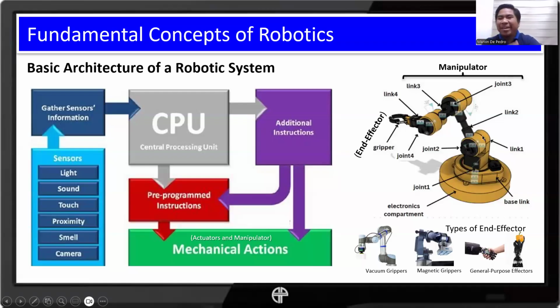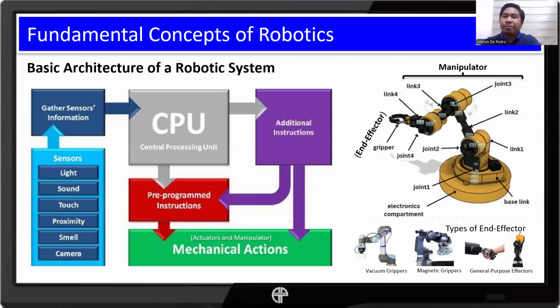The manipulator basically has, of course, the base where it is attached to. It must have the links, different links, depending on your application. The more links, the more complicated that robot is. Or in other words, the more complicated the task of the robot, the more links it requires.